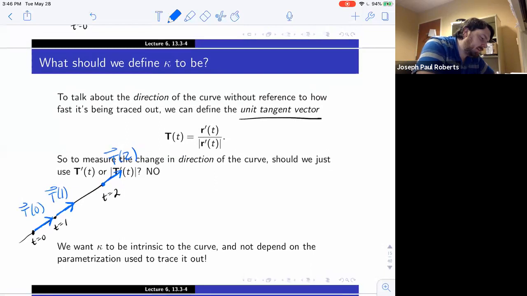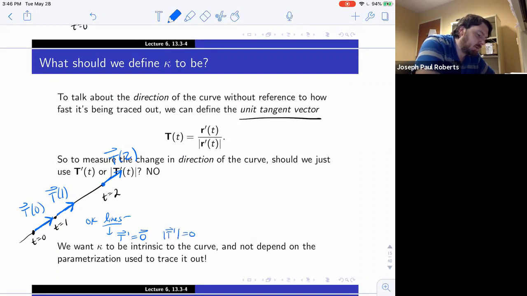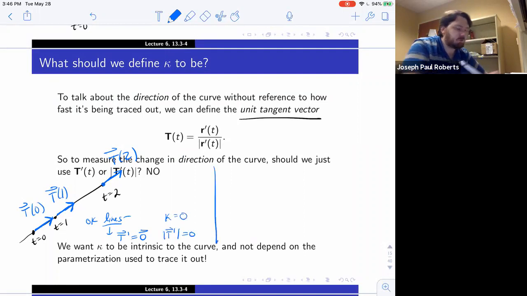And so we see that in this case, this is okay for lines. If you have a line, then T prime will be the 0 vector. So if you take the length of T prime, in that case, you'd get 0, and curvature would be 0. So that's okay.